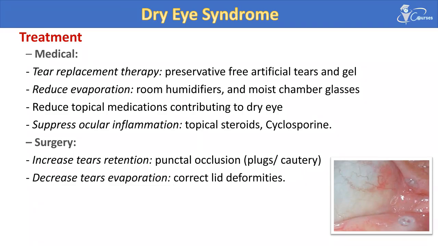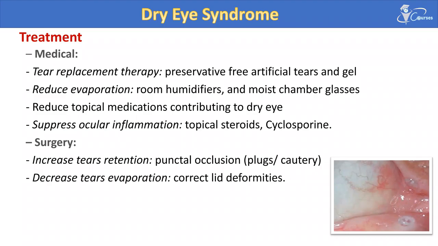So this will be one of the surgical management lines for dry eye, decreasing evaporation. We also, if there is any lid problem, like any lid defect causing tearing or lacrimation, then this should be corrected.